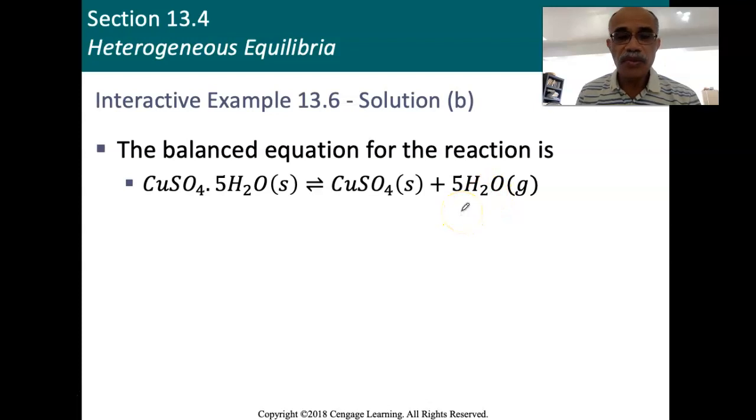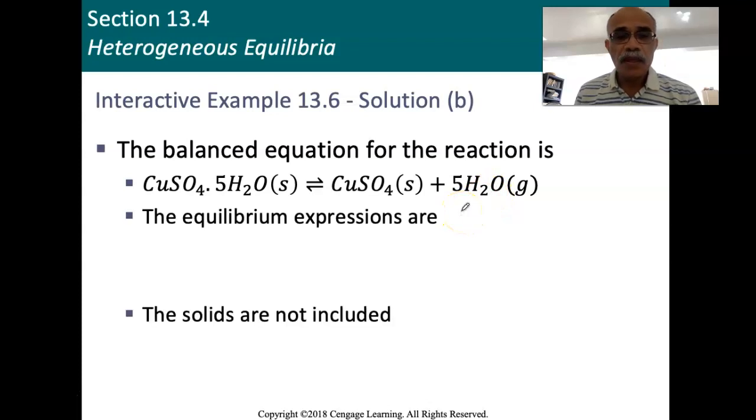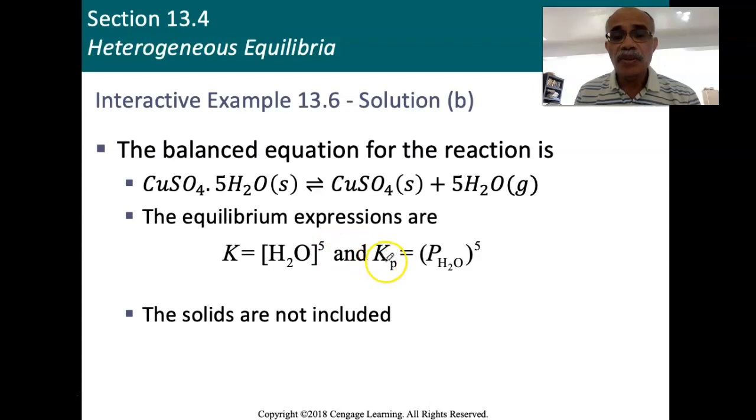So if you write the equilibrium constant, the solids are not included, so you will write K as equal to the concentration of water to the power of 5. Or you can write Kp, because we know that you can express the Kp for gaseous state reactants or products. So here Kp is equal to the pressure of water, that is water vapor, raised to the power of 5.